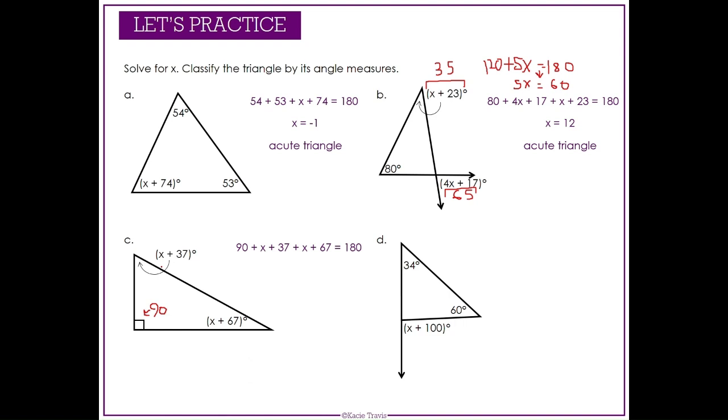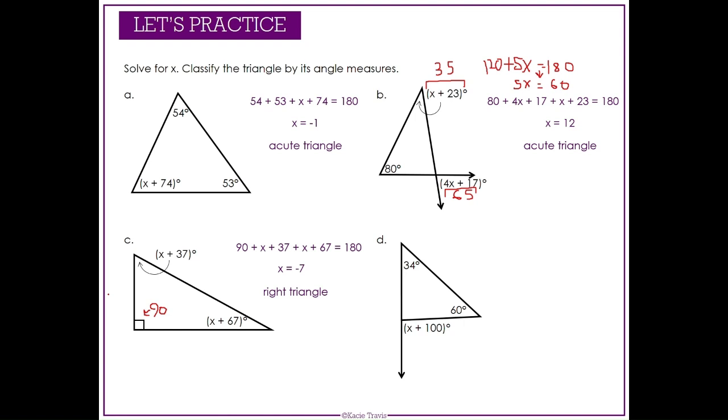So that means that I take 90 plus x plus 37 plus x plus 67. And that adds up to 180. Once I go through and combine my like terms and subtract, I end up getting an x being -7. Since I see the right angles there, it's automatically a right triangle. We don't got to go that far to think of it.